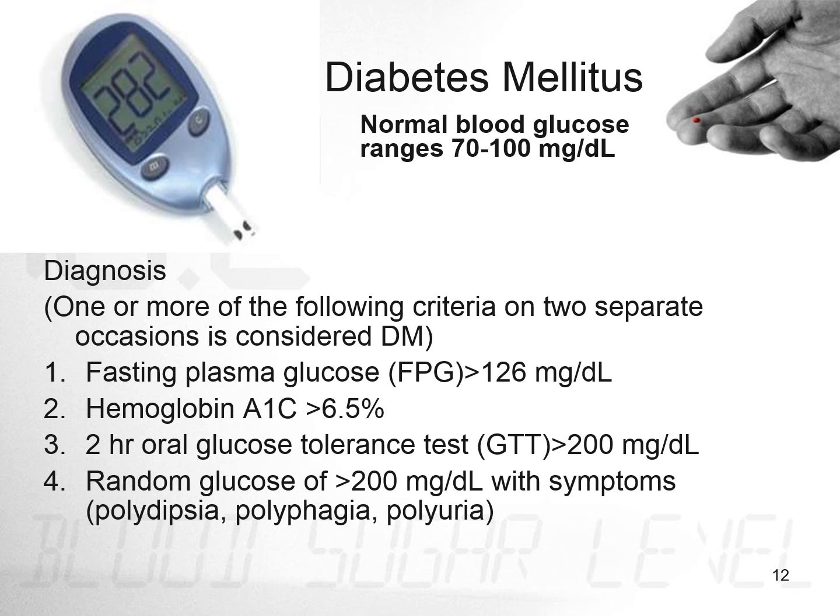Those are your 3 classic symptoms of diabetes. We want our normal blood glucose level to range from 70 to 100.